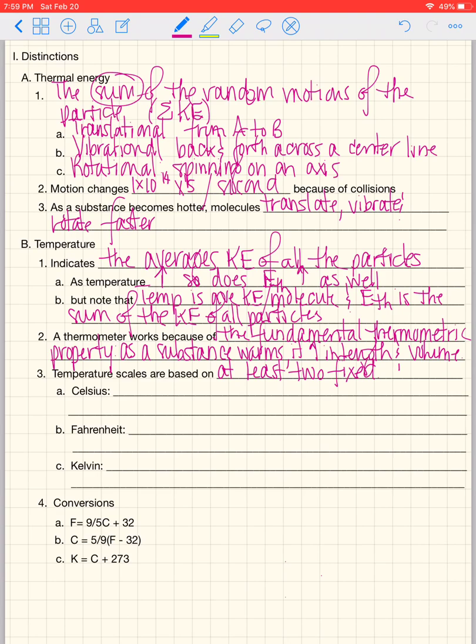I'm sure you're thinking 0 degrees Celsius and 100 degrees Celsius. The two fixed points were the freezing and boiling points of water, which obviously are 0 degrees and 100 degrees respectively.